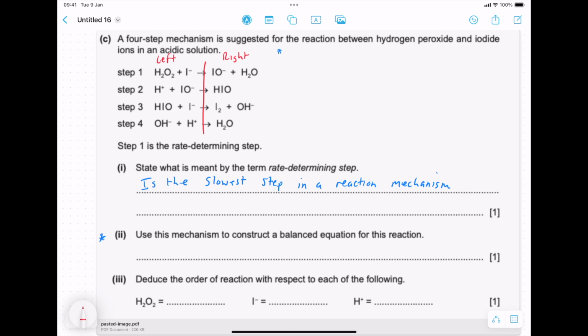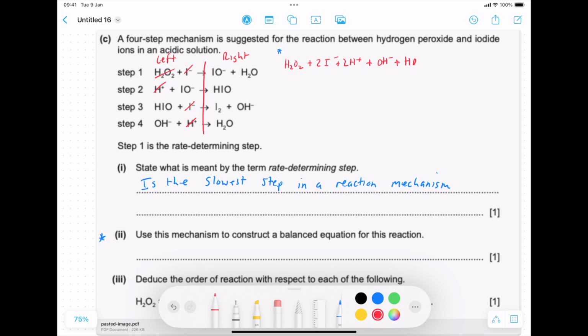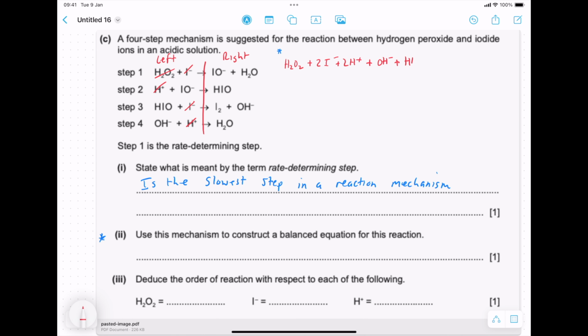So we've got on the left hand side H2O2 plus, and cross them off as you go along so you can keep track of what you're doing, plus 2I minus plus 2H plus, because there's 1 there and there's 1 there, plus OH minus plus HIO, to make that a bit clearer, HIO plus IO minus.